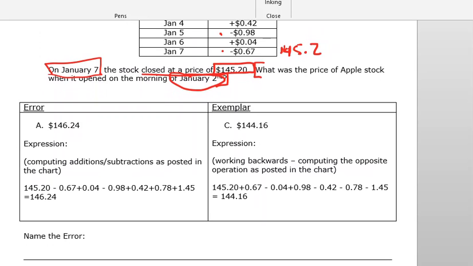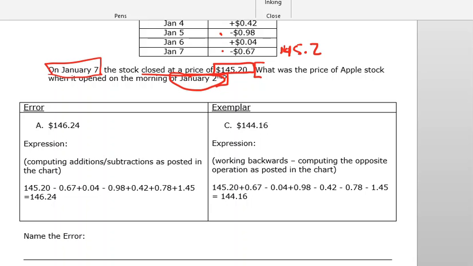Now I have 2 students who worked on this down here, and I have my error and my exemplar. Let's just take a look at those for one moment. So student A said, okay, 145.20, and let's see what they did here.